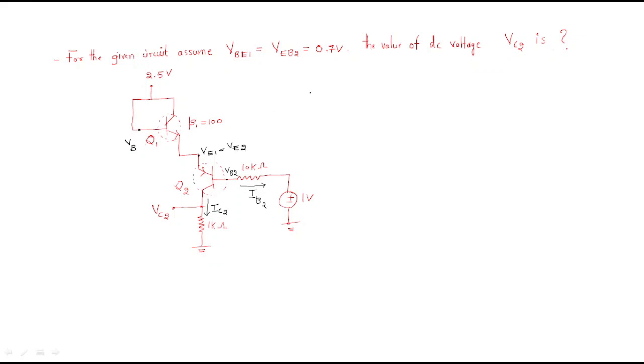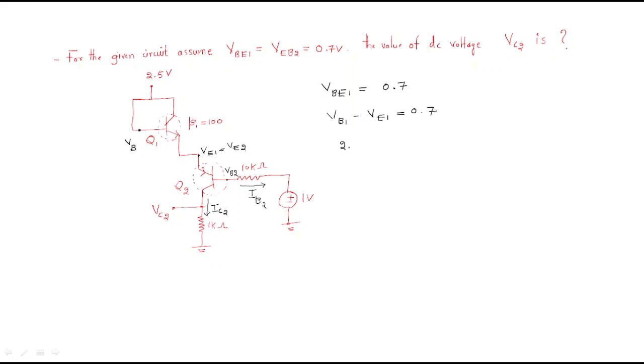Already you know that VBE1 is equal to 0.7. That means the voltage between this point and this point, VB1 minus VE1, equals 0.7. What is VB1? VB1 is nothing but this voltage.